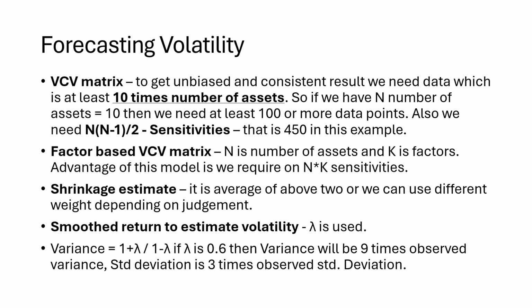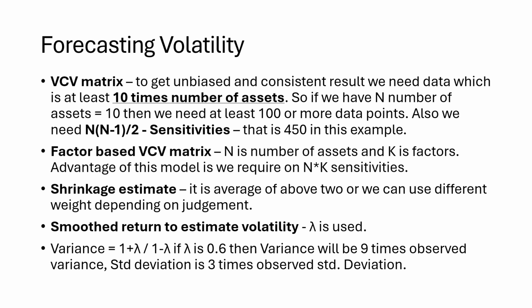So because of that, we use the lambda factor. Now variance is nothing but the square of the standard deviation. So if we have used the lambda as 0.6 and then variance comes 9 times, then standard deviation is 3 times. This is very simple calculation, and only these are the few things you need to remember.